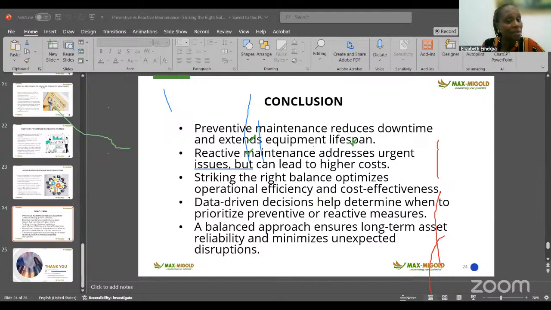You plan it. In every 250 hours, I'm going to spend 300,000, times the number of times you're supposed to service it in a year, say 6 times. You have your preventive budget for that.